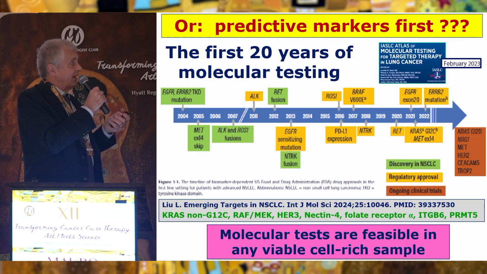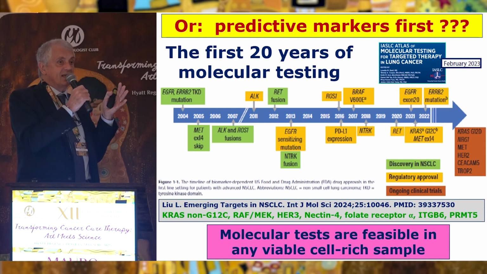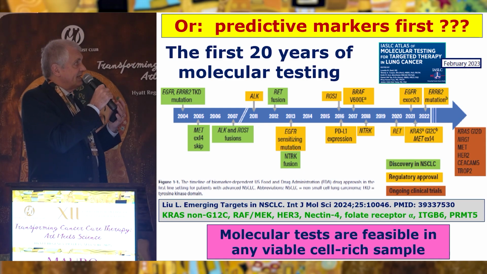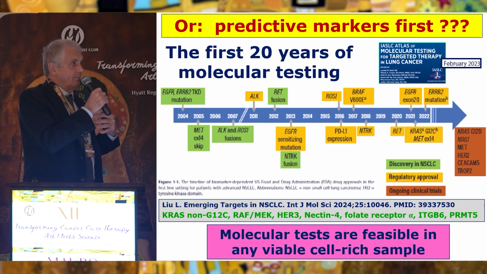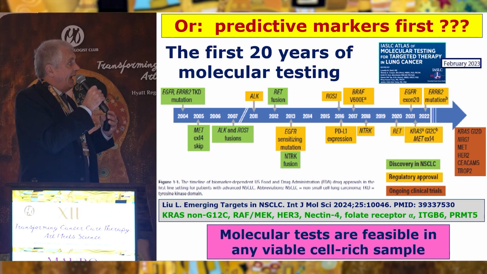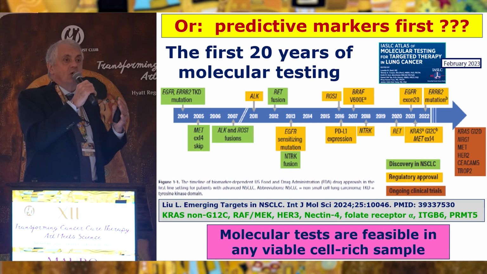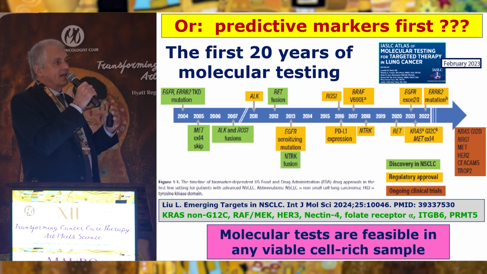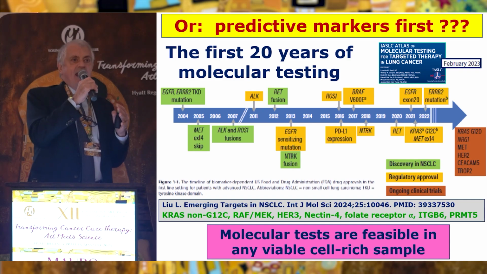You know that there are several options. This is the summary of the last 20 years in which molecular tests have been extensively validated and established, and many of them are associated with a specific therapeutic option. Some others are still under investigation. In the end, if you can use the NGS system, you can test a large panel of genes.